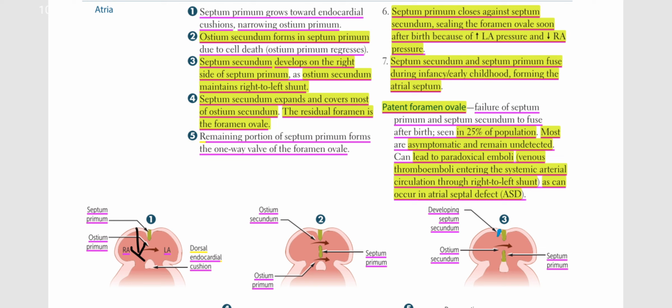Okay, the septum primum grows from above downward. Then we have the pore, the ostium primum, from the right atrium to the left atrium. Then we have the dorsal endocardial cushion.